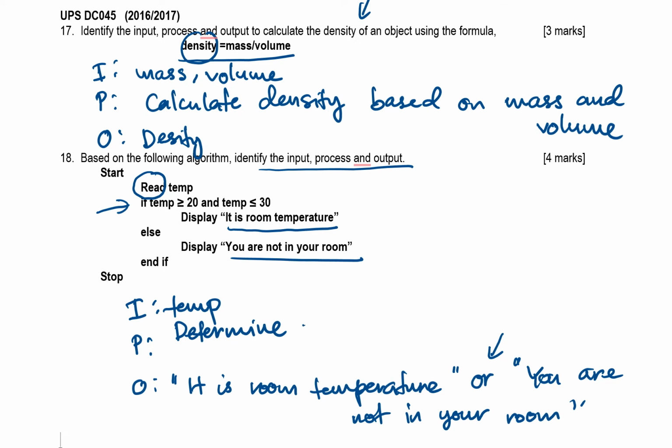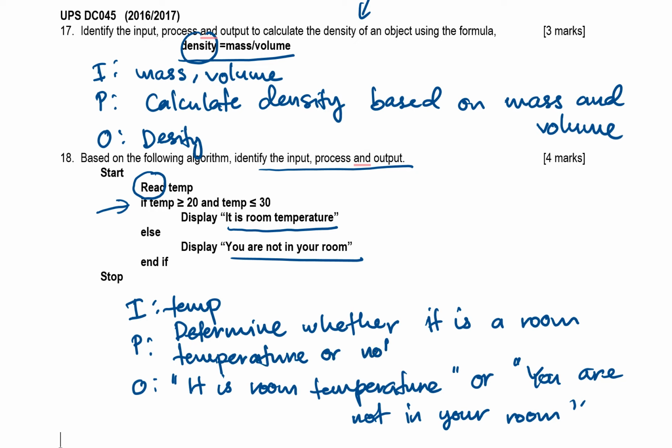Determine whether the temperature is a room temperature or not based on your input, which is 10.